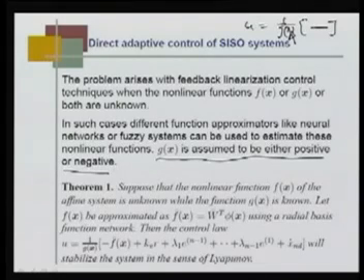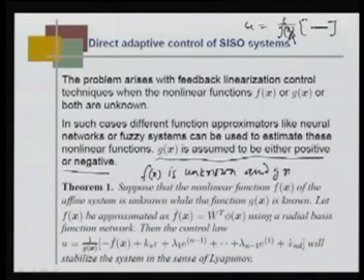The first theorem we assume is that f(x) is unknown and g(x) is known. When g(x) is known and f(x) is unknown, this theorem tells us a controller that will stabilize the system. Suppose that the nonlinear function f(x) of the affine system is unknown, while the function g(x) is known.